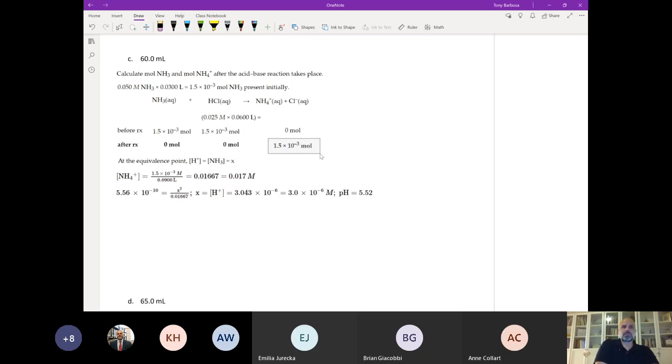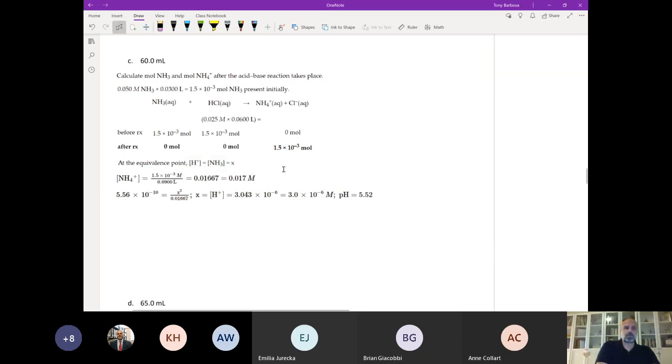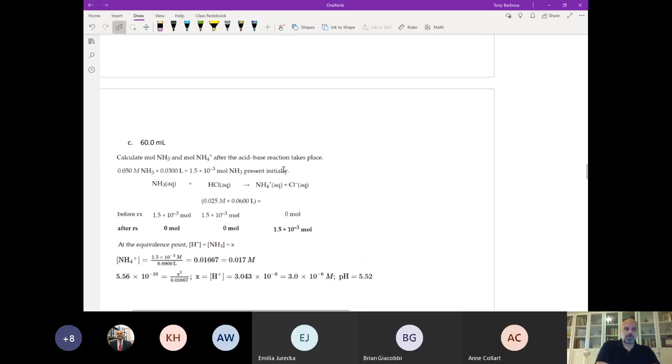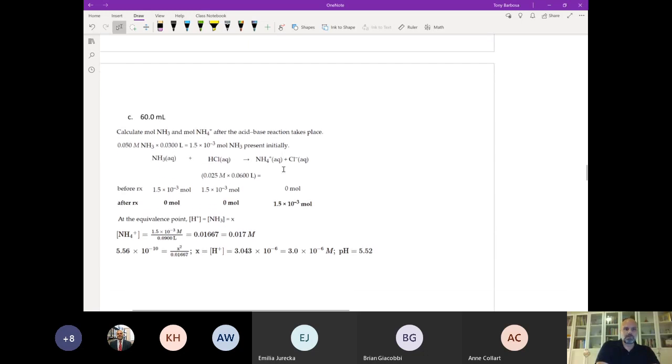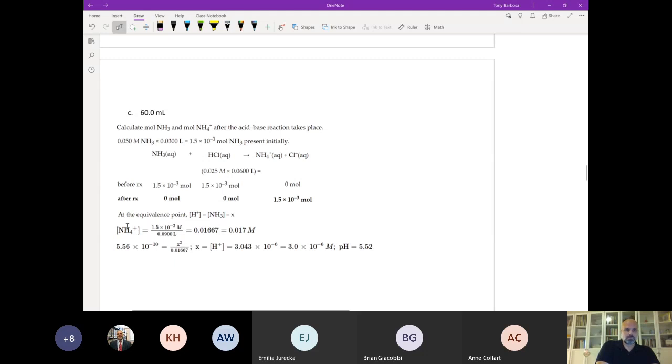So this is the equivalence point. This is the point at which the proton concentration and the ammonium concentration are exactly the same. So this calculation, when we're doing the math, no, sorry, we don't have to do the math. We don't have to go back yet.